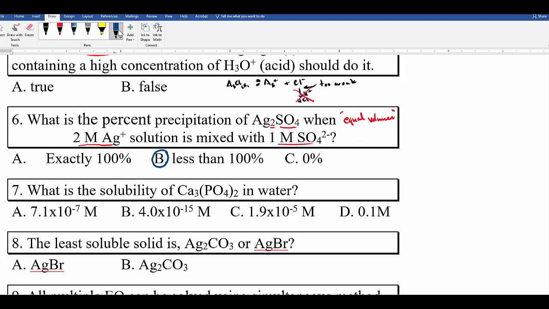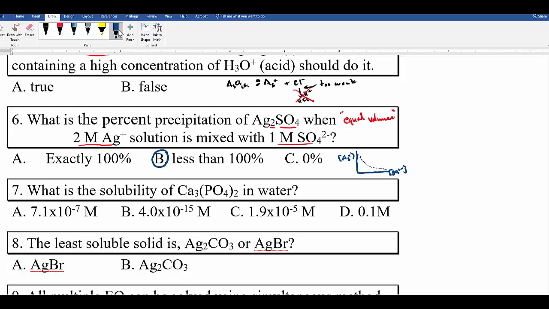So let's say we're trying to precipitate out the silver ion. If we look at the silver ion concentration here, and we increase the sulfate ion concentration here, what we're going to see is something like this, where it would take an infinite amount of sulfate to completely precipitate out.